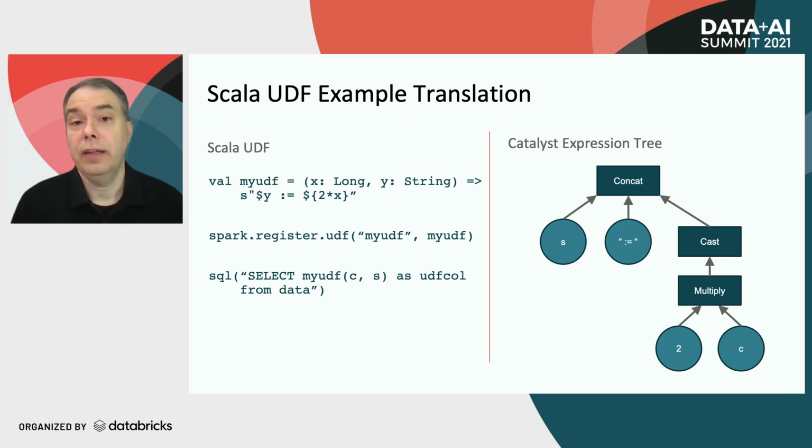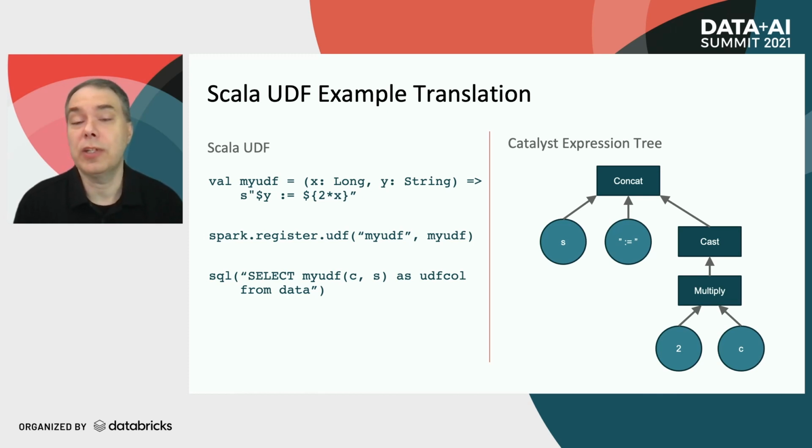On the right-hand side, we see what happens with the Scala UDF compiler turned on and the Catalyst tree that it generates from analyzing the bytecode of that UDF. It realizes that, in this specific case, we're taking column C and multiplying it by 2. Catalyst has a multiply expression, so it goes ahead and builds that node subtree up.